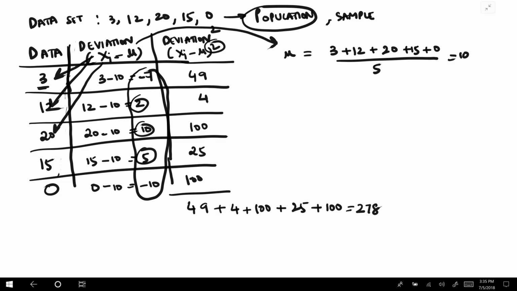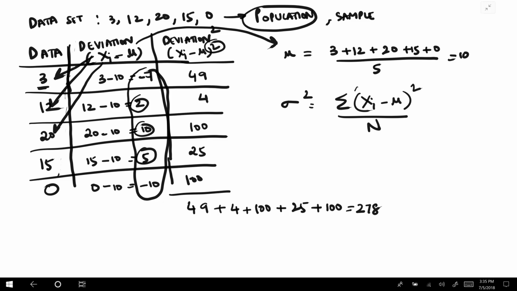So if you see our formula, sigma square is equal to summation of xi minus mu whole square divided by n.